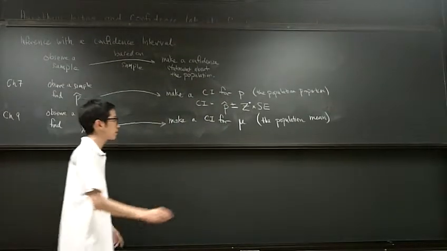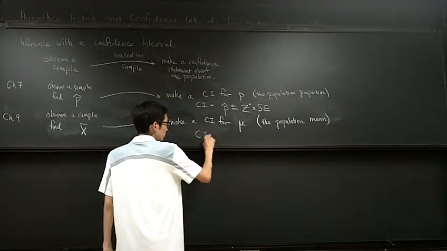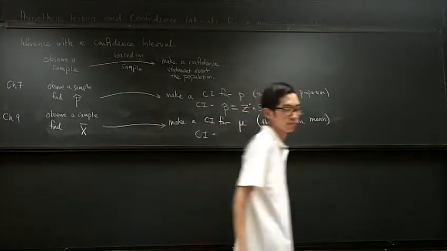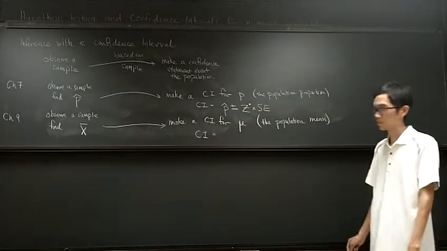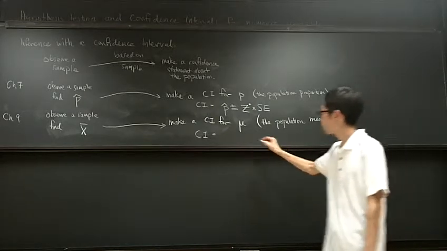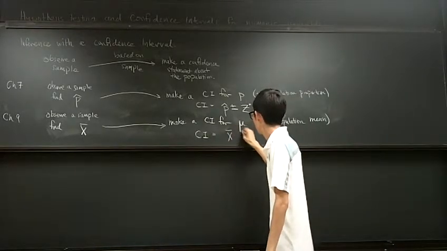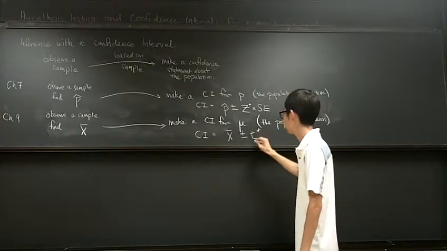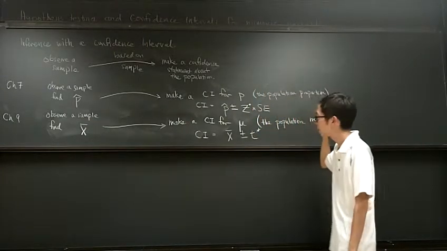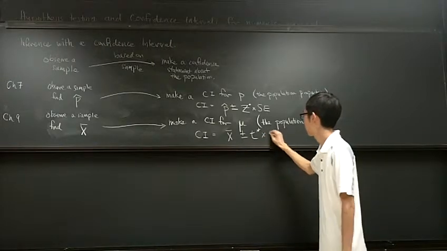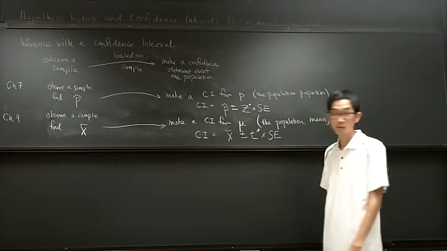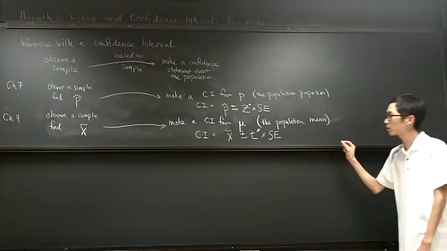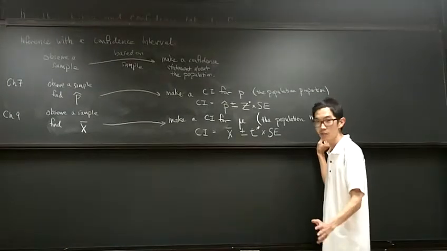And our confidence interval here, what do you think goes in the middle? X bar goes in the middle. And then the rest, it's going to be plus or minus. This time we're going to use t star rather than z star times our standard error.